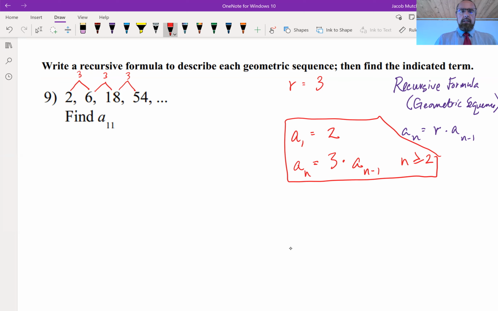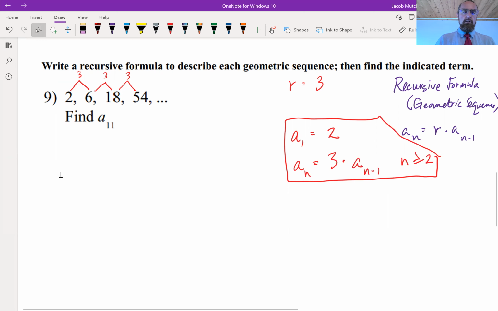I also want to find a sub 11. So recall with the recursive formula, we don't have access to a certain term in the sequence. We only have access to the next term. So really what I'd need to do is just multiply and find 11 terms by multiplying by the common ratio of 3.